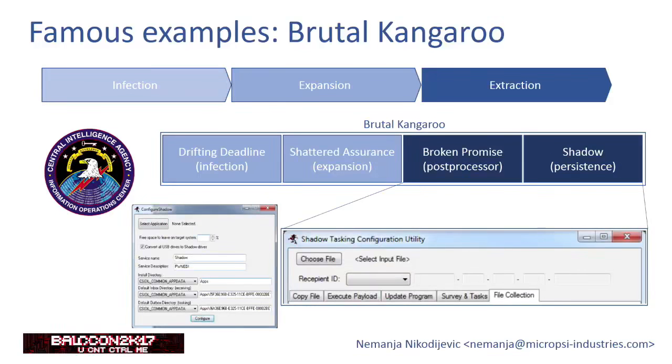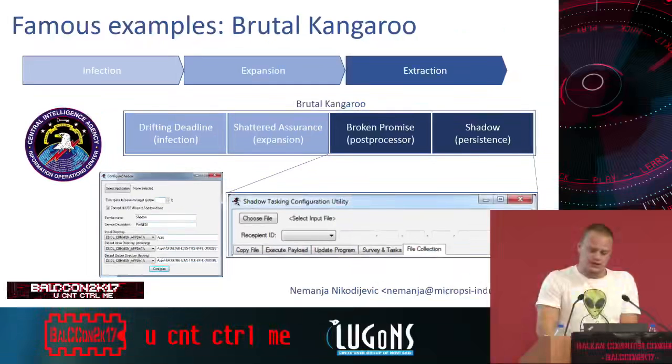And the main persistence mechanism is called Shadow, and Broken Promise is the processor, for processing the data that is retrieved from infected thumb drives when the data is propagated back towards the attacker. And there is also a nice document showing the graphical user interface of one of the programs for setting up the persistence mechanism, so you can put your favorite pizza topping on the malware.